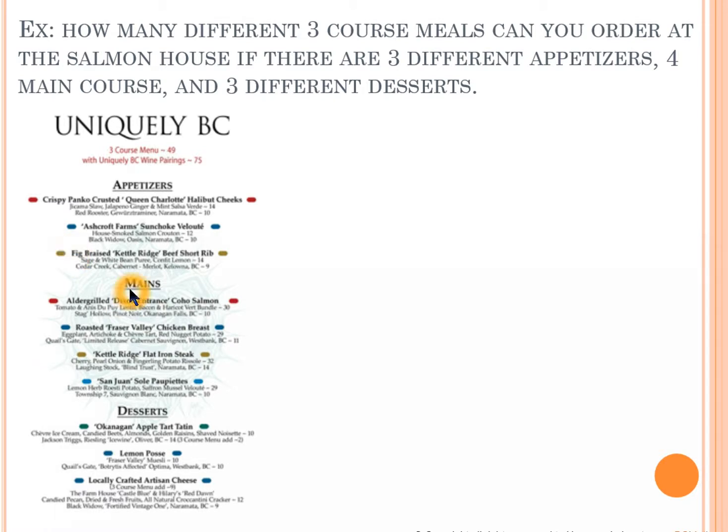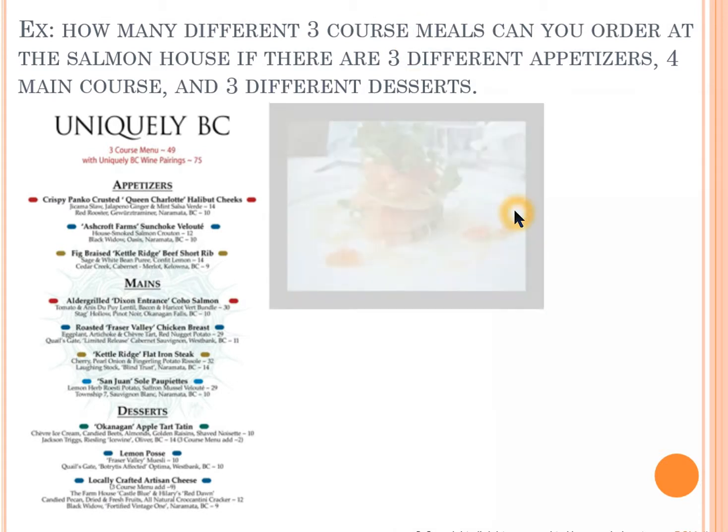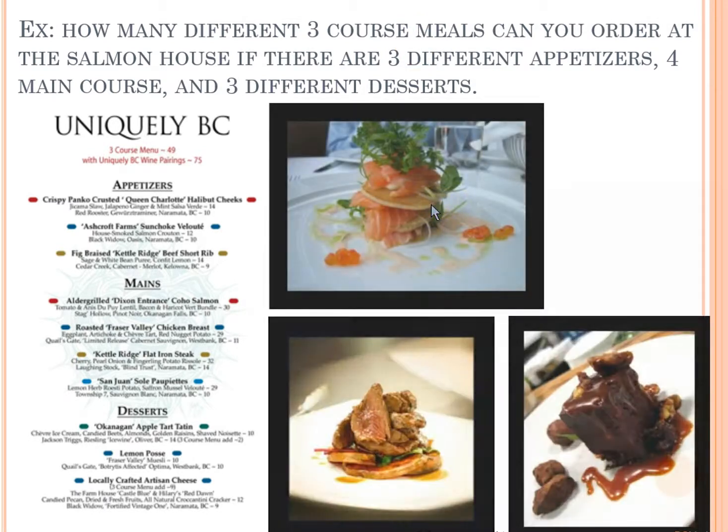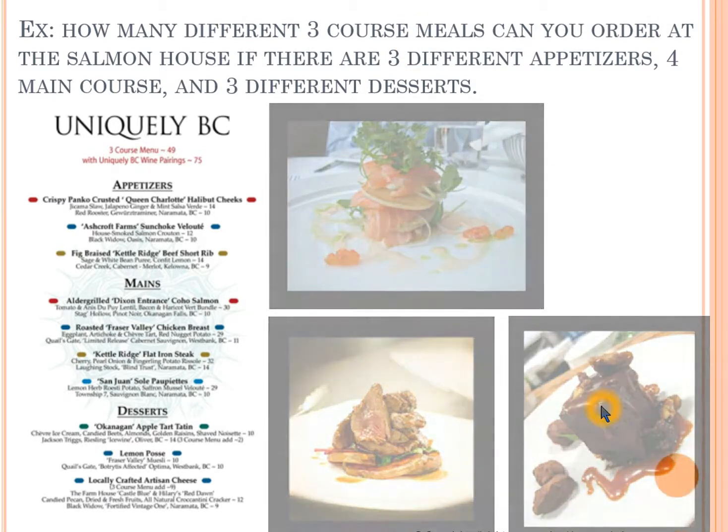For the main dishes, we have 4 different choices: 1, 2, 3, 4. And for desserts, we have 3 different choices: 1, 2, and 3. So how many different 3-course meals can we have? We could have an appetizer, a main dish, and a dessert.